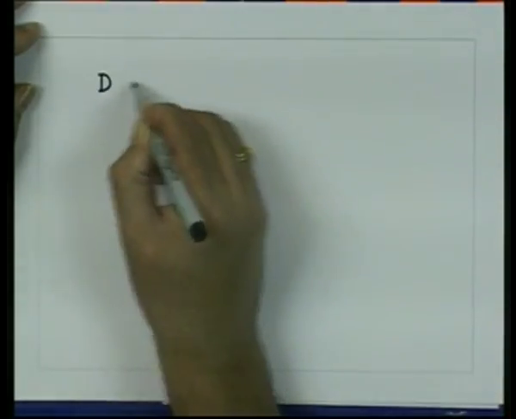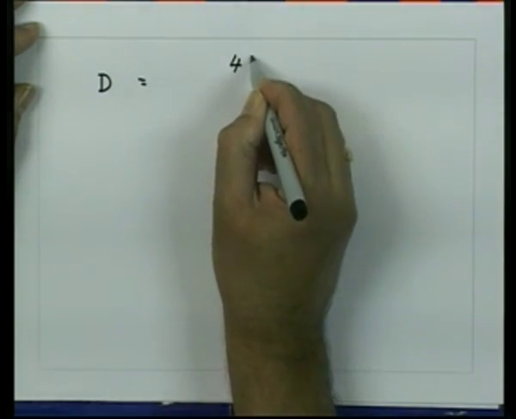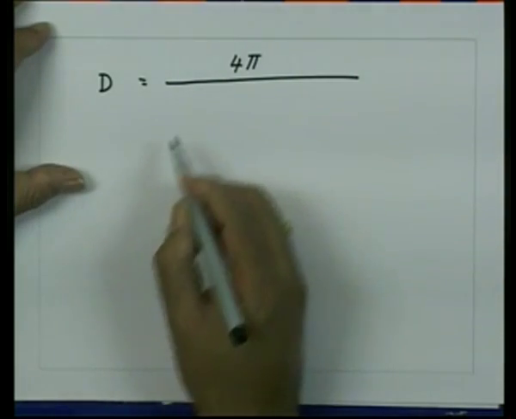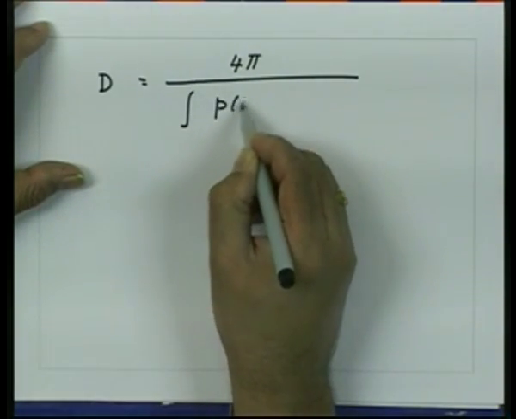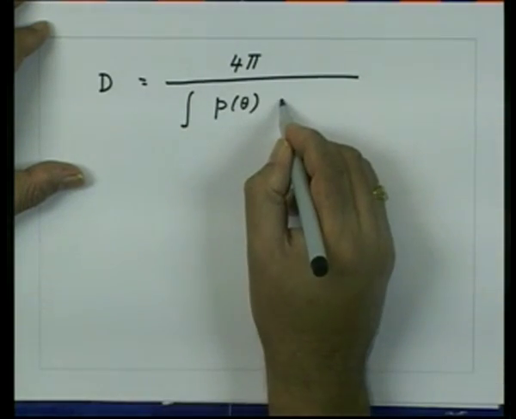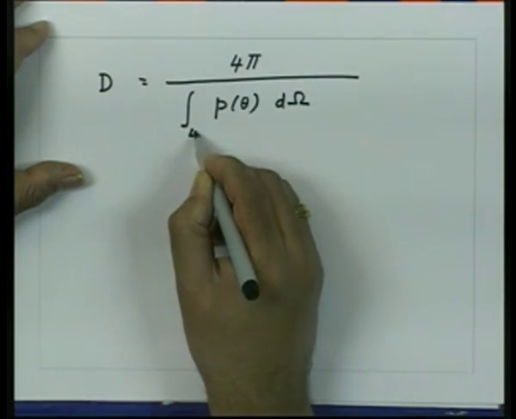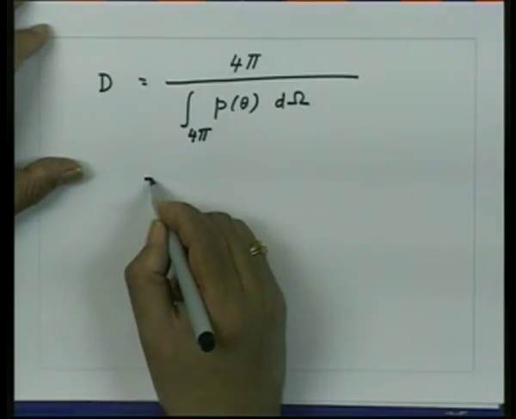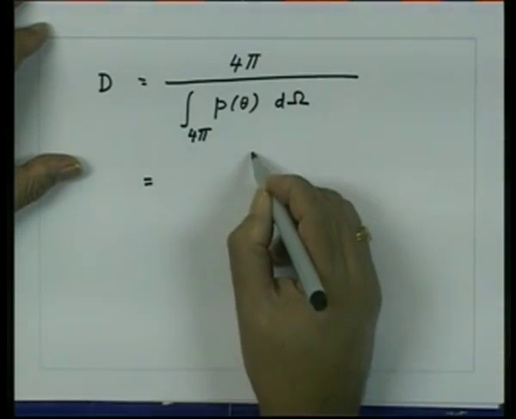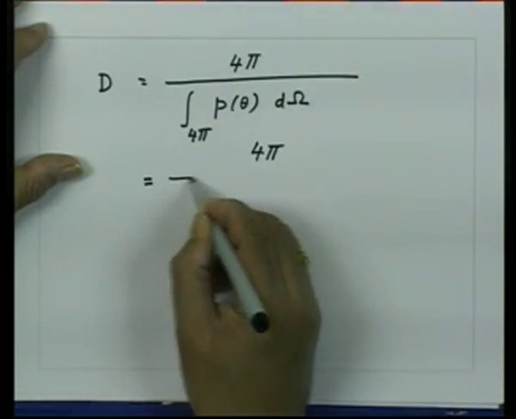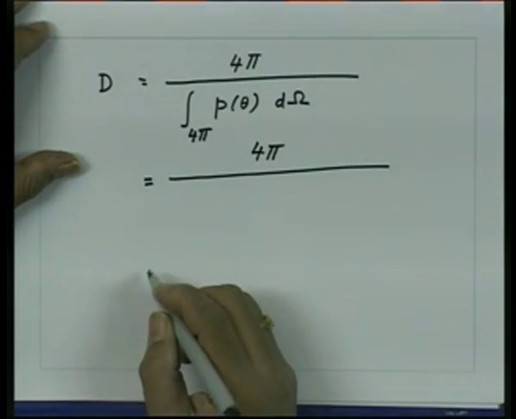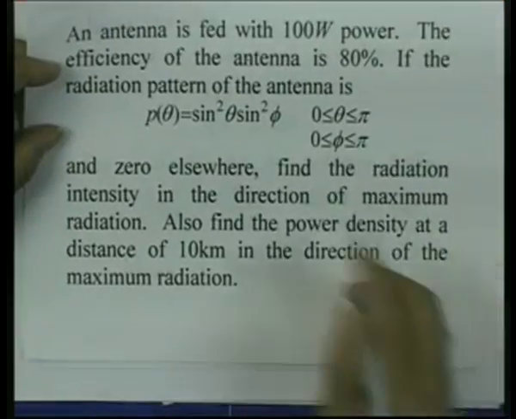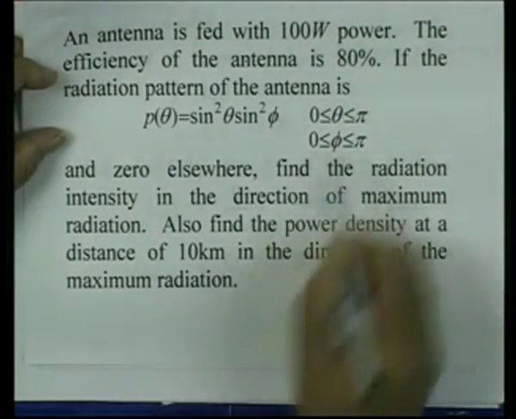So, the directivity of an antenna is equal to 4 pi upon the power pattern P theta integrated over 4 pi solid angle. This we can write down explicitly in terms of the spherical coordinates. So, this is 4 pi divided by the integral over phi, because the radiation pattern is non-zero only over this range of phi, which is 0 to pi.